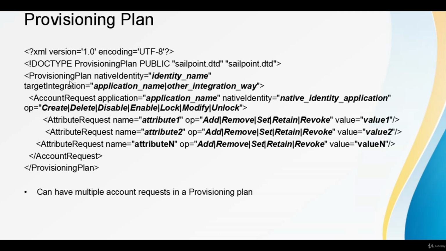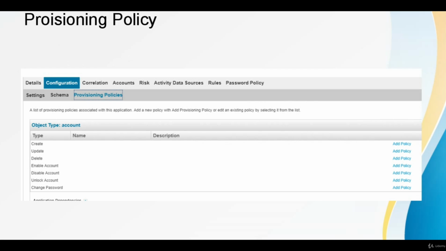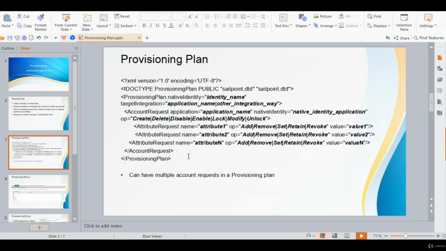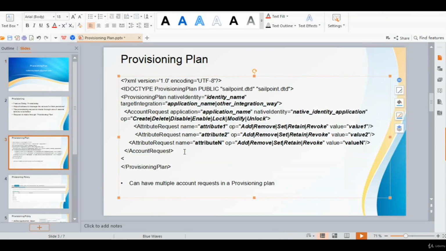So the provisioning plan will look something like this. We have one account request starting from here and ending at this point, and after that you will have another account request starting from there. So it will be something like this.